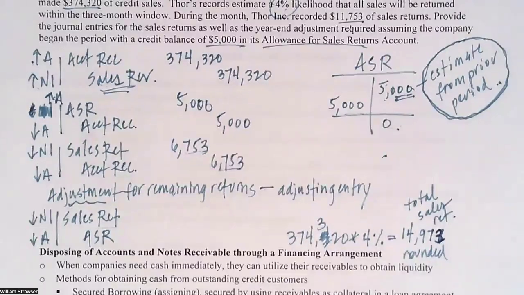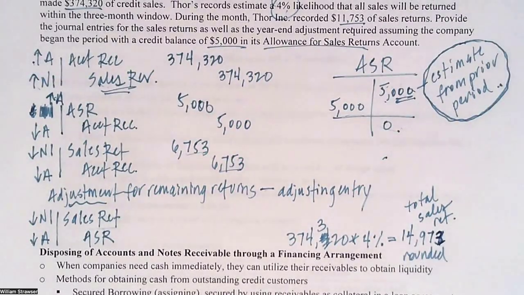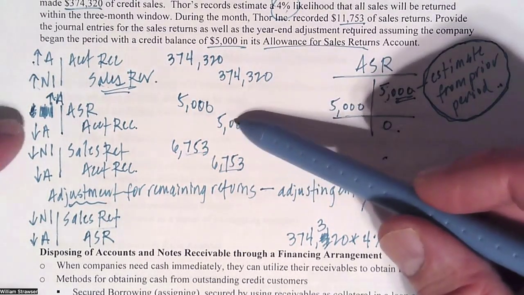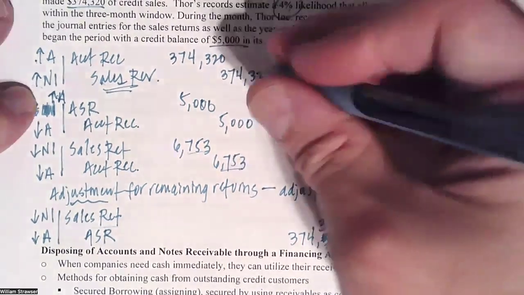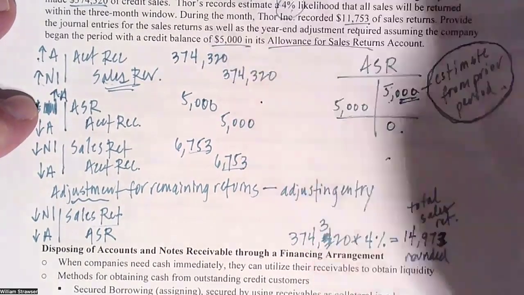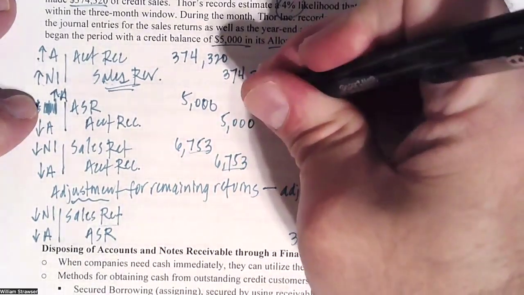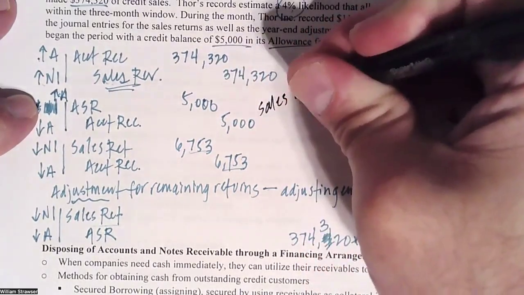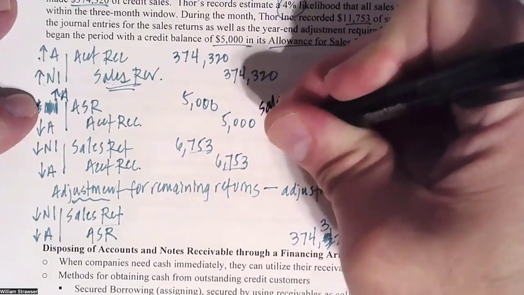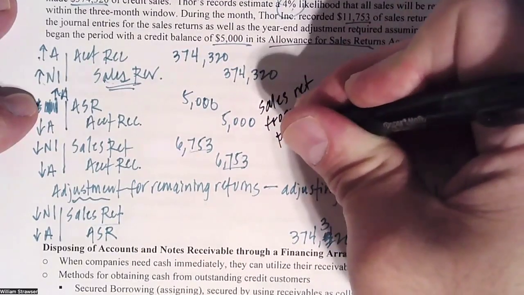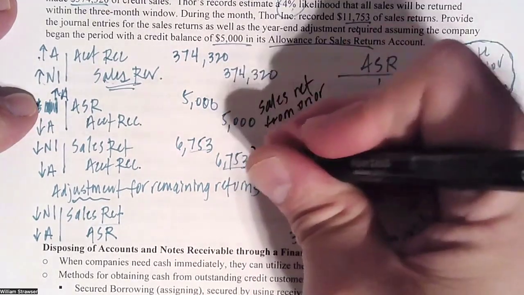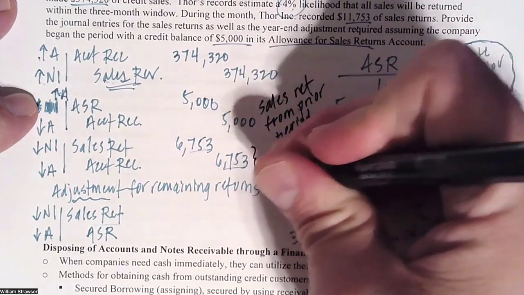How many sales returns from this period sales have we already accounted for? So you've got to be a little careful understanding the difference between these two entries. Remember, this entry is eliminating all of the sales returns from prior period sales. This guy is sales returns from this period sales.